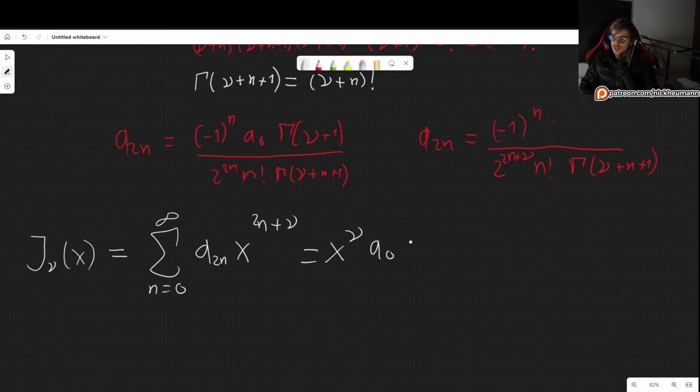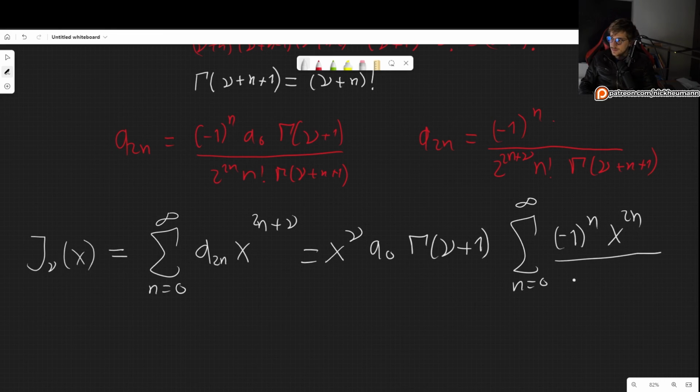Then we have a0 gamma of nu plus 1. And then we have the sum of n equals 0 to infinity of minus 1 to the n, x to the 2n, divided by 2 to the 2n, n factorial gamma of nu plus n plus 1.